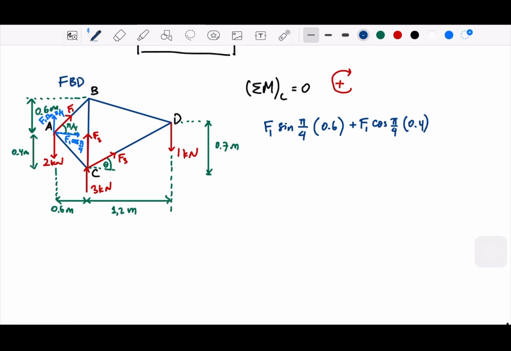So that is plus 1 kilonewton multiply with 1.2 meter, right?